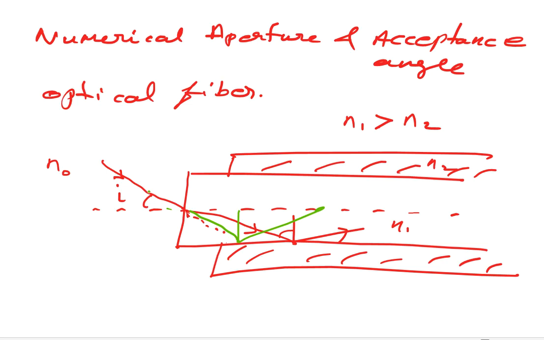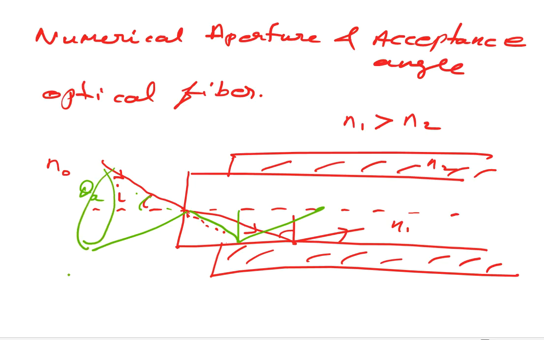That maximum angle of incidence we call the acceptance angle. Above this, if you increase the angle of incidence, the light won't undergo total internal reflection inside the optical fiber. We call that maximum angle of incidence the acceptance angle, theta A. If I draw it three-dimensionally, it looks like a cone.